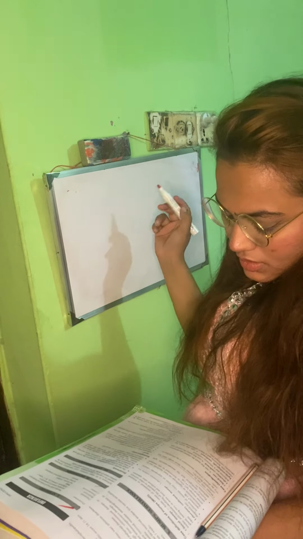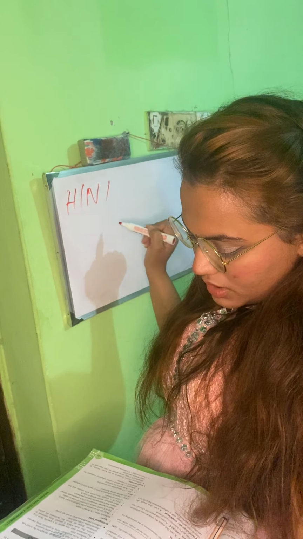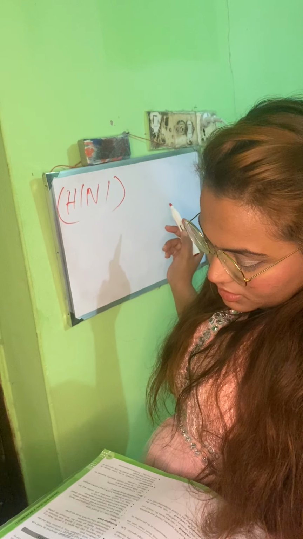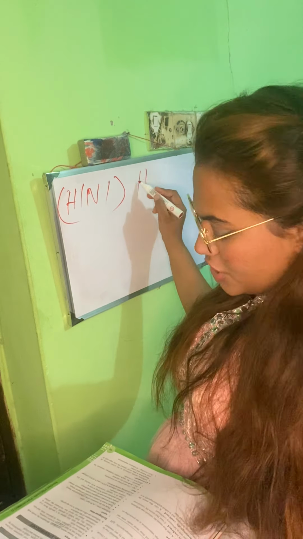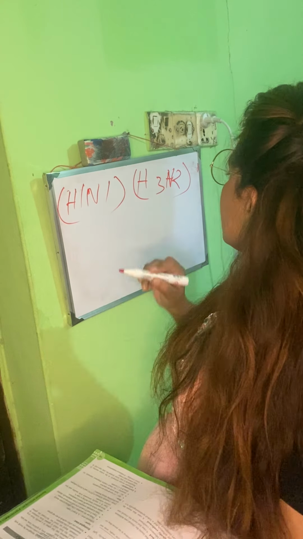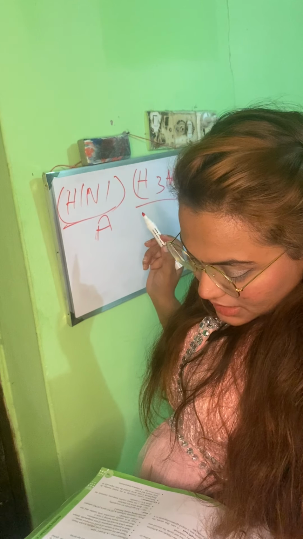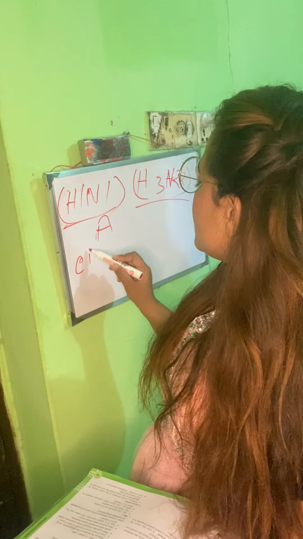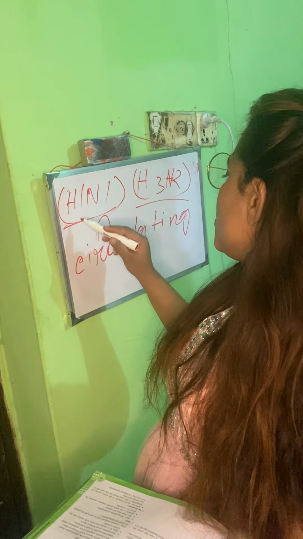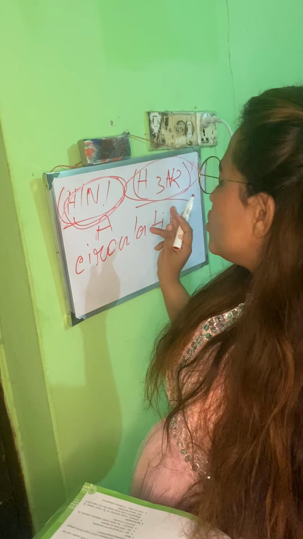Currently influenza virus A, H1N1, this is influenza virus A, and influenza virus A another subtype, H3N2. These are two subtypes of influenza virus A. So these two subtypes are circulating among humans, H1N1 and H3N2 of type A influenza virus.